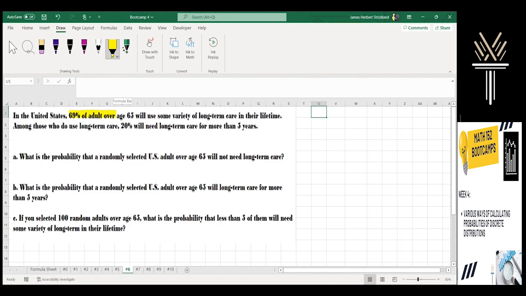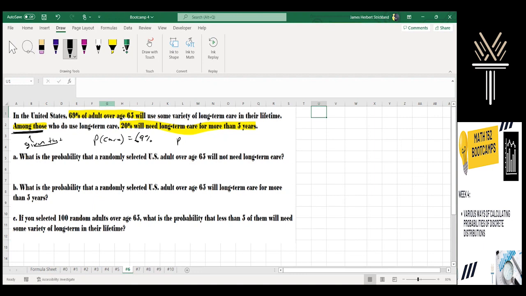69% of adults will have some kind of care. Among those, 20% will need long-term care for more than 5 years. So let's think about it. The probability of needing care is 69%. And then what does "among those" mean? Well, that means of that group, aka given that.